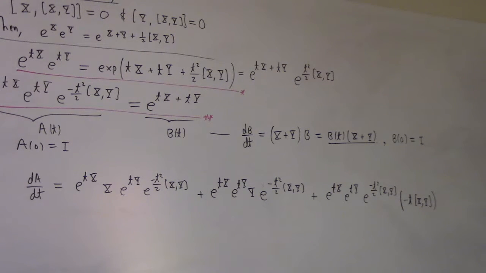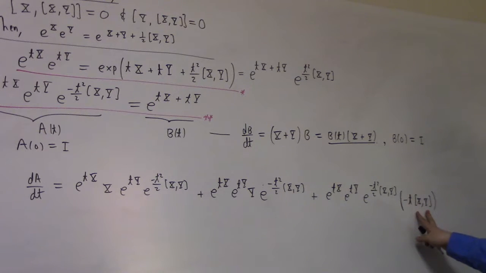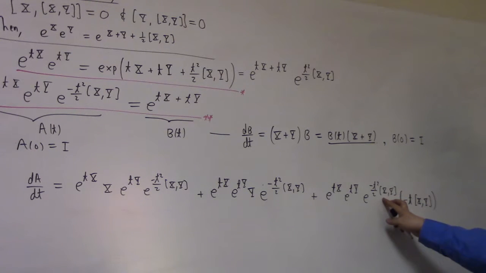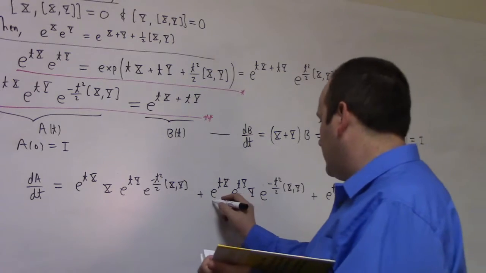Now it takes a little bit of finagling. His point next is that the commutator xy commutes with, of course, this and that commute. So the second term on the right can be rewritten as what?